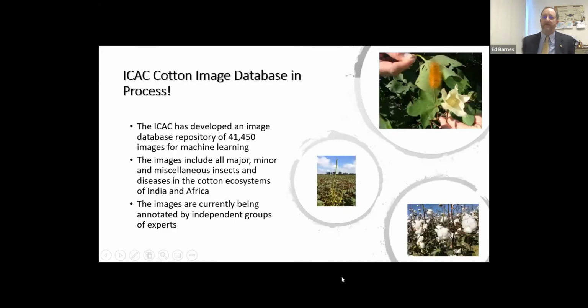And that's why I'm very excited. Dr. Cranthey informed me, and he's been talking to us about collaborating with us on these image libraries, and ICAC, he tells me, has already acquired 41,000 images for machine learning applications. And here you can see it's major and minor miscellaneous insects and diseases for India and Africa.